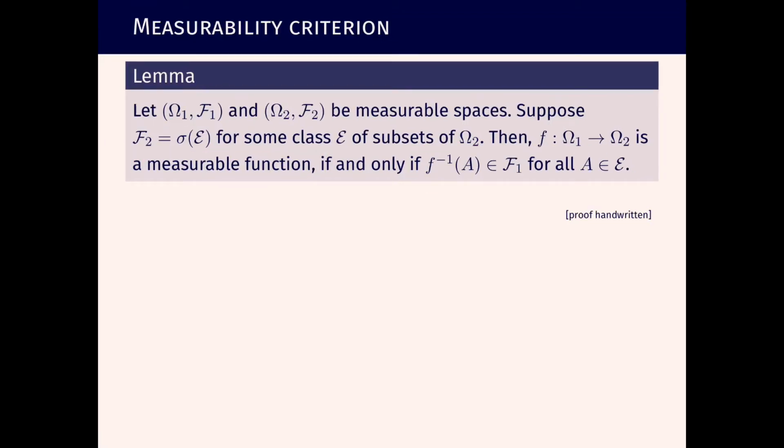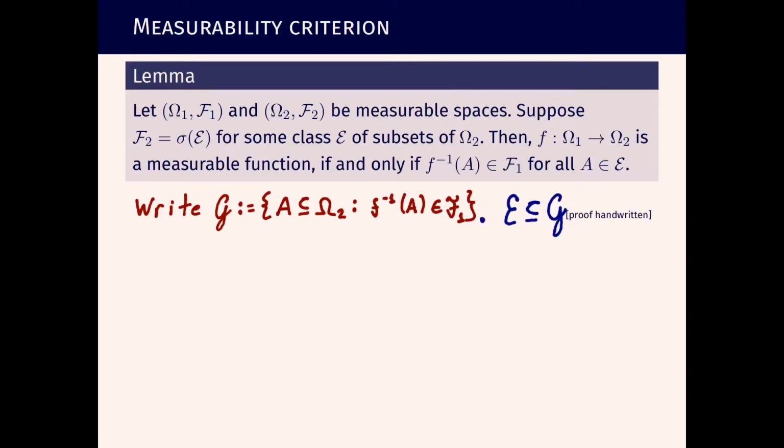And the proof would go as follows. Let us define this family G to be all the subsets of the target sample space whose pre-image is in F1. Of course, by assumption, the family E is contained in G.